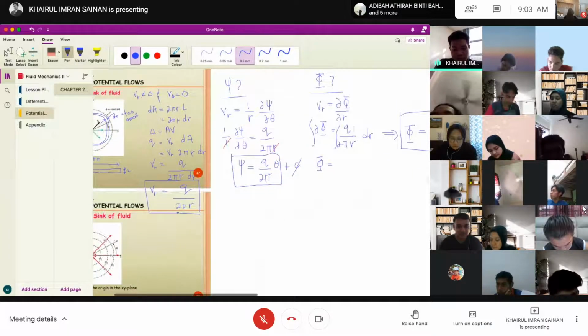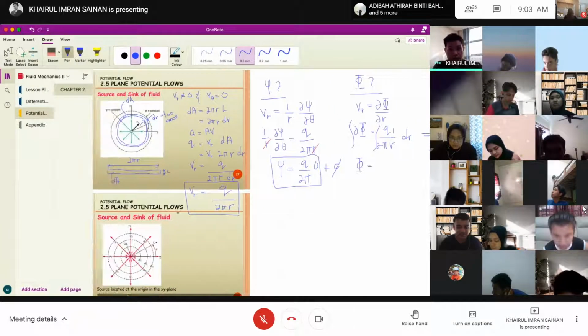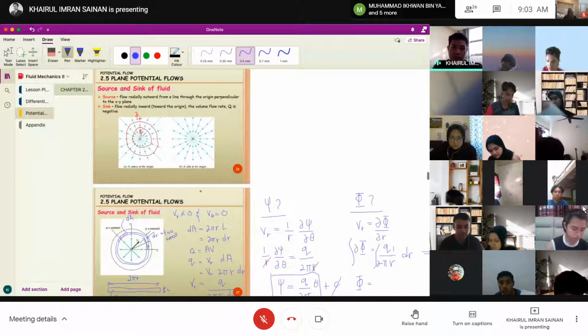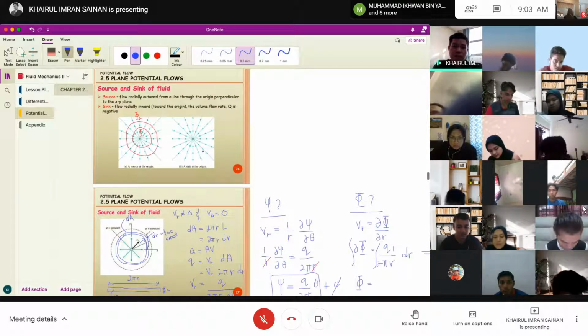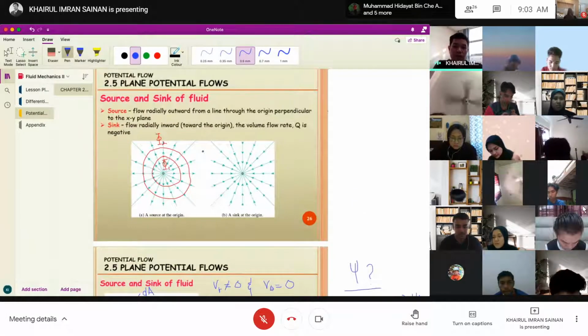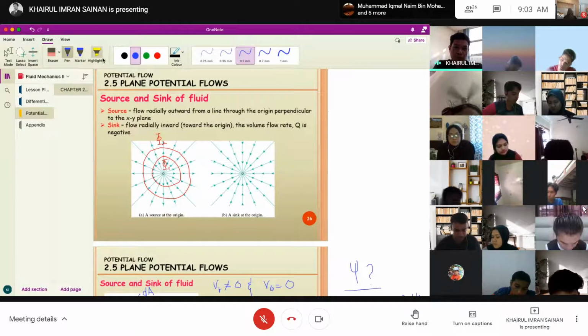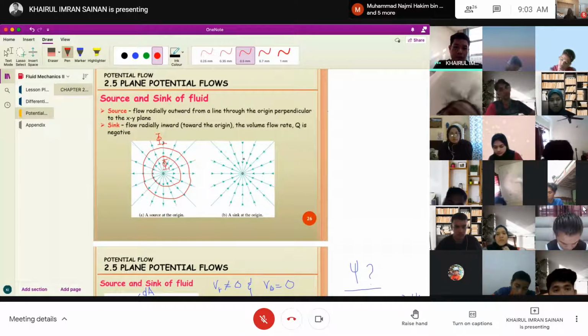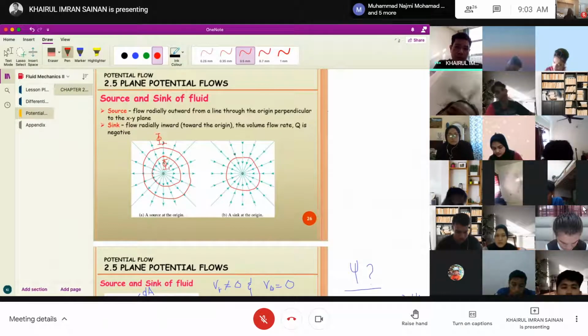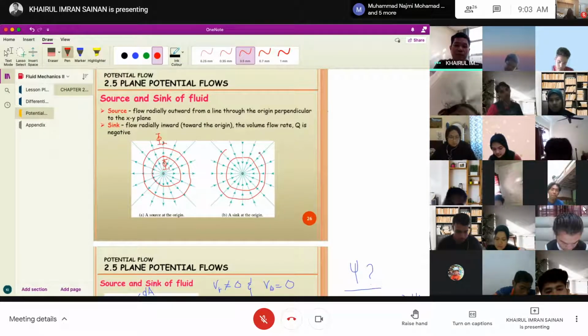So next goes to sink. Let's go to sink. Sink flow is similar to source flow, but the difference is the direction of flow, opposite direction. So meaning your phi is gonna be the same drawing, no difference, but the direction of phi.